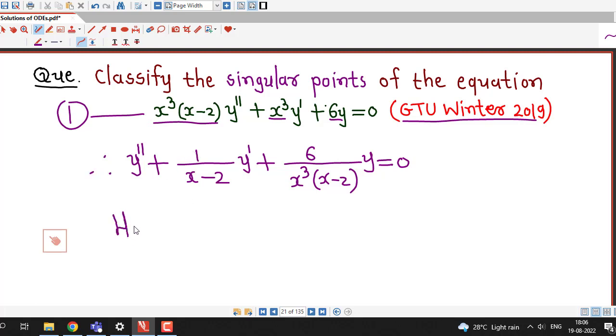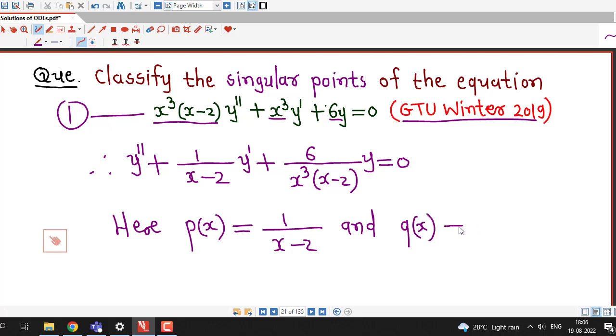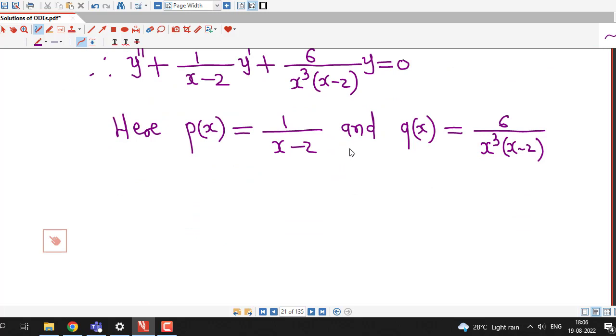If we consider the coefficient of y dash, then we have p(x) equal to 1 over x minus 2. p(x) is always the coefficient of y dash, and q(x) is the coefficient of y, which is 6 divided by x cubed times (x minus 2). Obviously p(x) and q(x) are rational functions, so they are analytic everywhere except those points for which the denominator becomes 0.